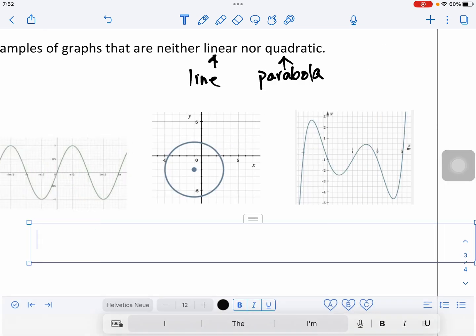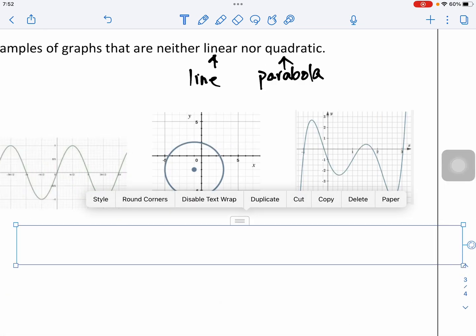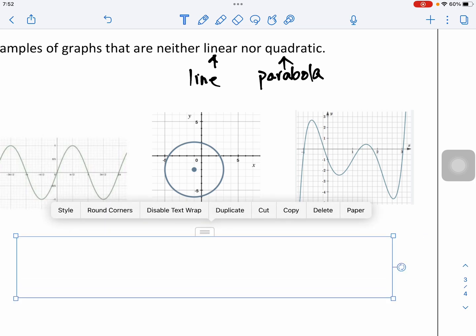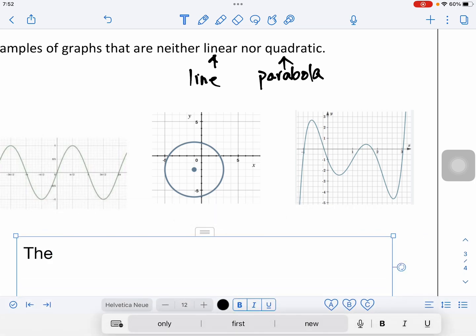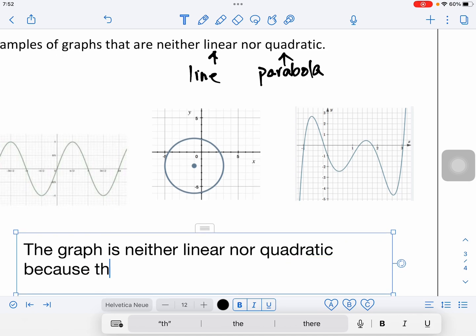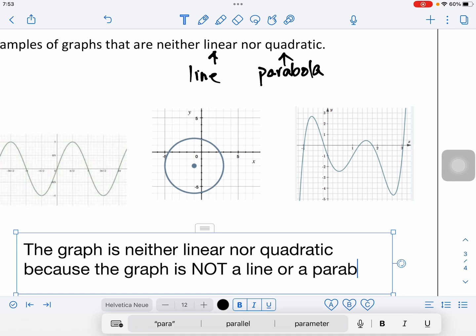So I would say the graph is neither linear nor quadratic because the graph is not a line or a parabola.